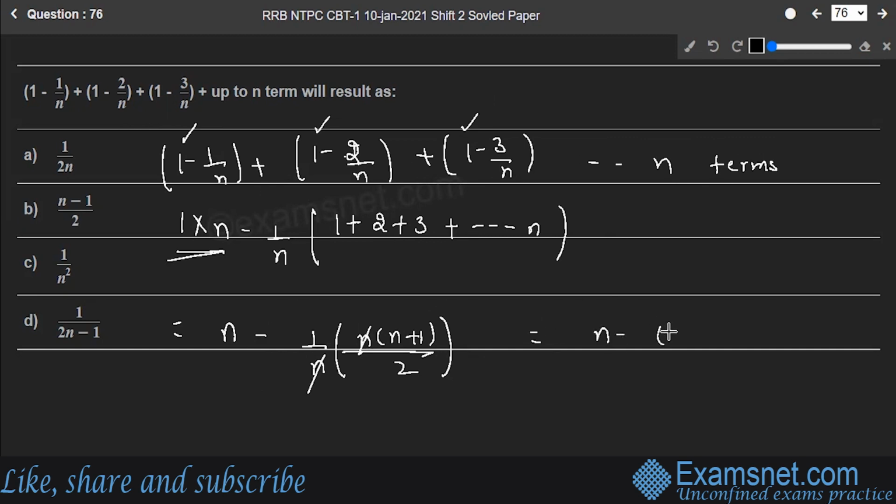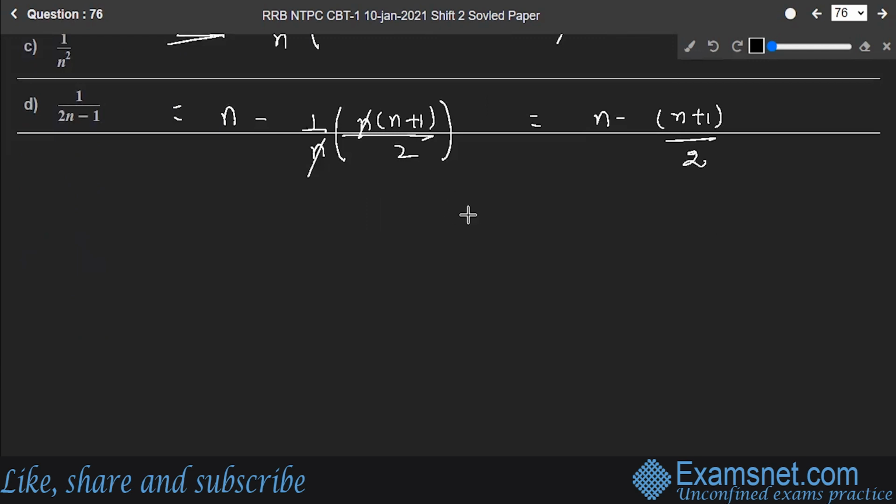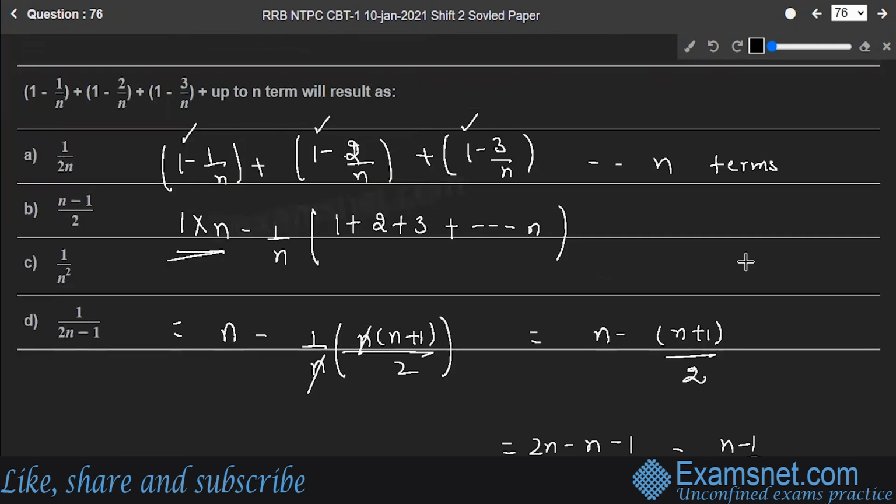So n minus n plus 1 upon 2. This will be equal to 2n minus n minus 1 upon 2, or n minus 1 upon 2. So the correct answer is n minus 1 upon 2. Let's check with the options. Option B is the correct answer.